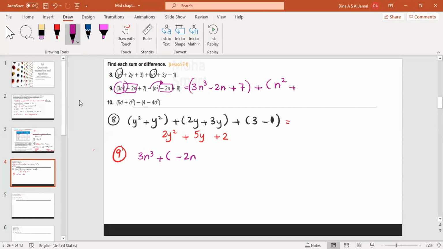Now when you distribute the minus, you would be having this as minus, this as a plus, just to change the signs, and this as minus. Good. Now let's go again and see the like terms. So what will be the like term with minus 2n? It will be another 2n.